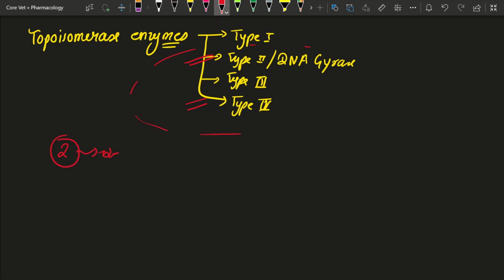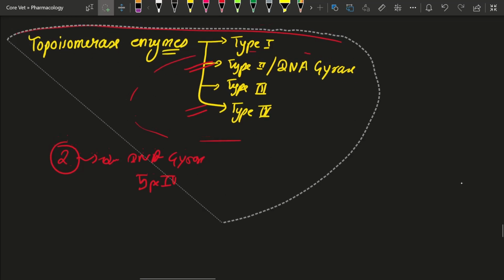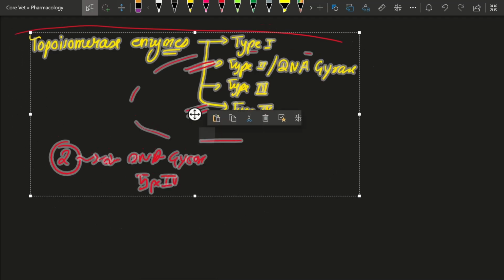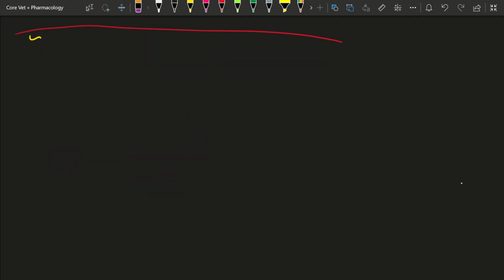So let me start by discussing the functions of these enzymes. We will discuss what the function of type 2 and type 4 topoisomerase is in DNA replication and DNA transcription.